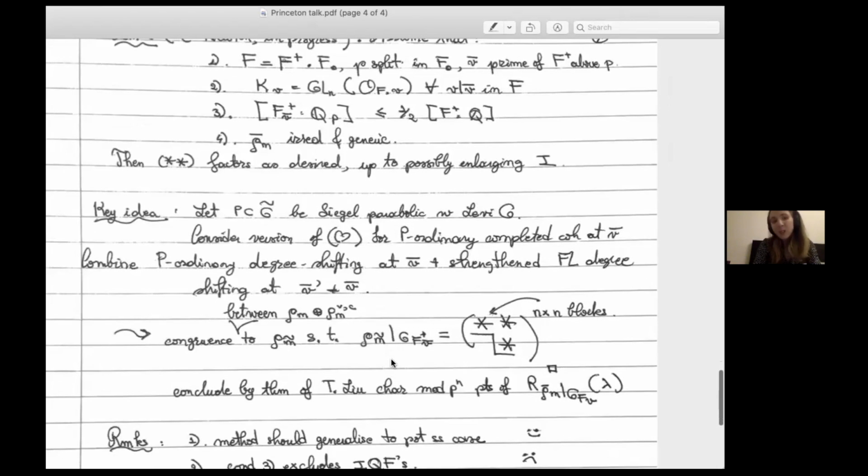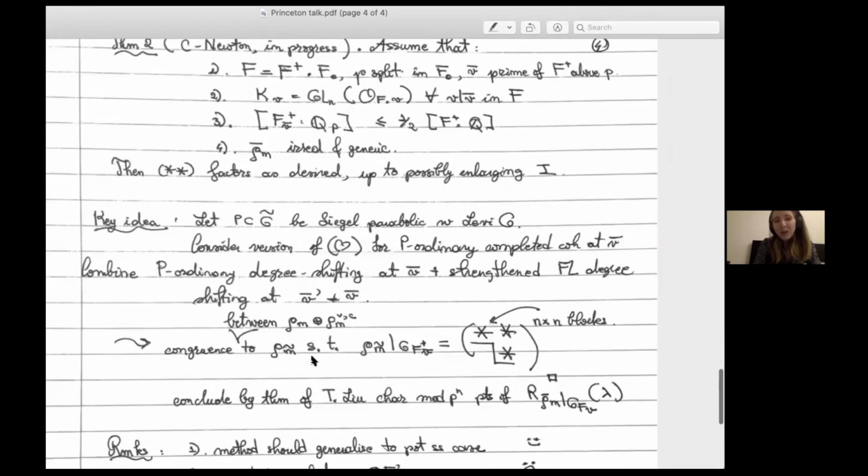And what this buys you is that you're trying to understand rho m, an n-dimensional representation, by first looking at the 2n-dimensional sum of rho m plus its conjugate dual. And you want to construct a congruence between this and some global Galois representation that you understand. Now, if you could really construct a characteristic 0 lift of rho m that you knew was crystalline with weight determined by lambda, then you would be in business by a theorem of Tong Liu.